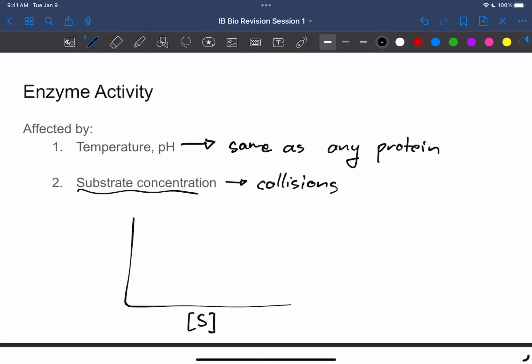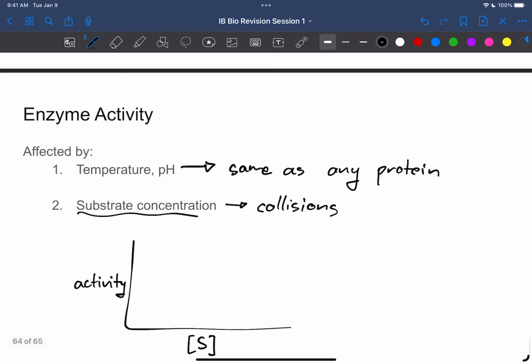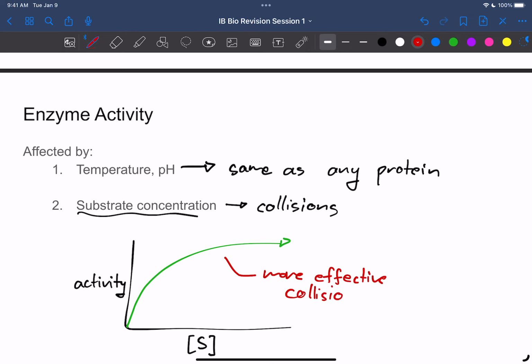So this means concentration of substrate, and this is activity. So we're going to see that when we increase concentration, activity goes up like this because the collisions increase, which means you can get more effective collisions. And this just means reaction. So yeah, enzyme activity is affected by the ones that affect protein and also concentration because of collisions.